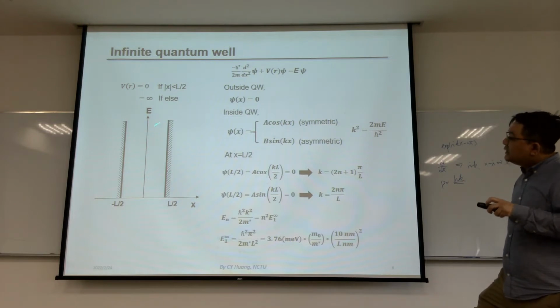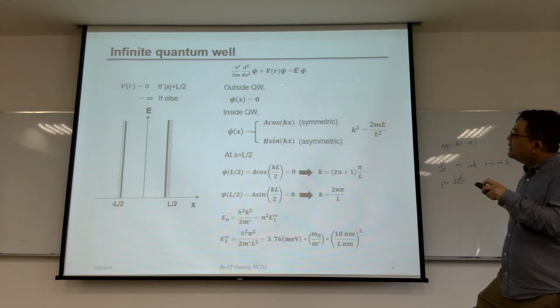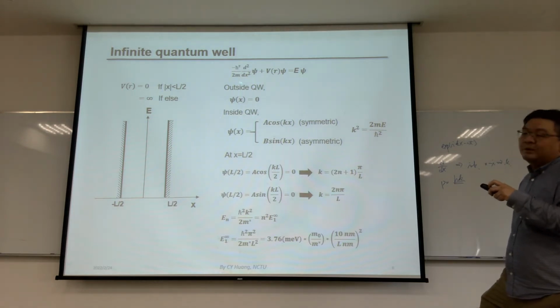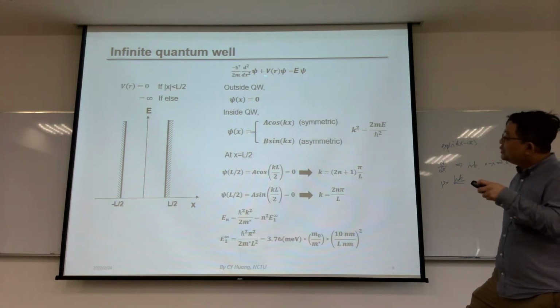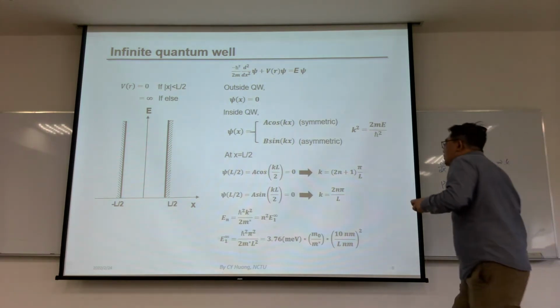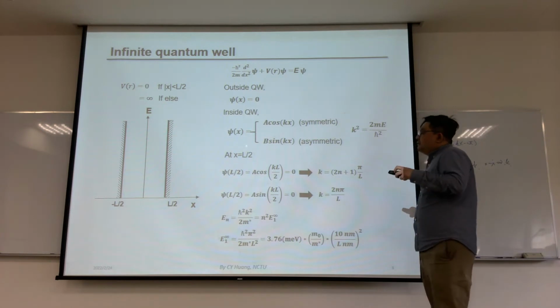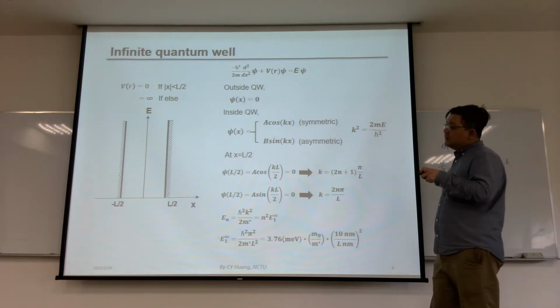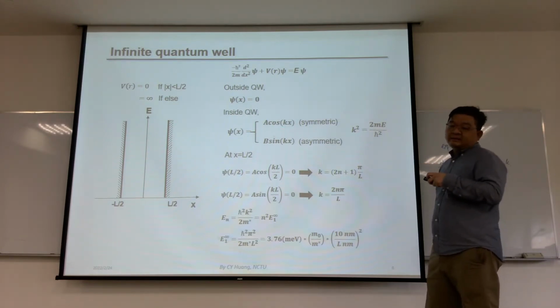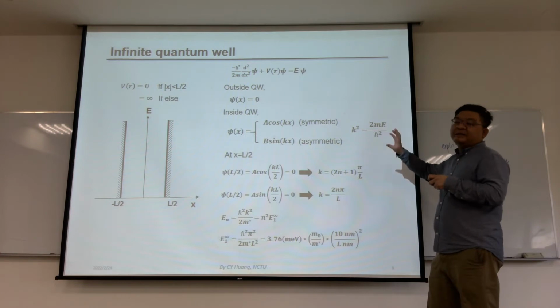And inside the quantum well, because V of x is 0 here, this is just a simple Laplacian, and its solution should be a wave. So you can write down phi of x as either a cosine kx, or b sine kx, or a combination of them.